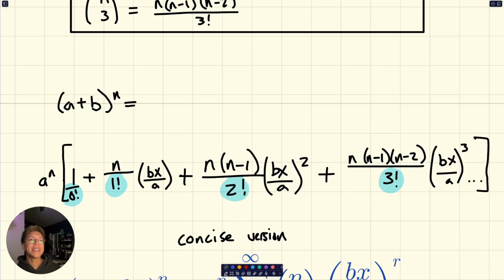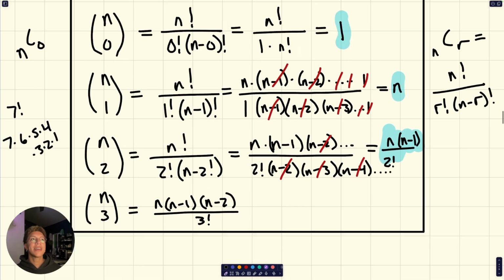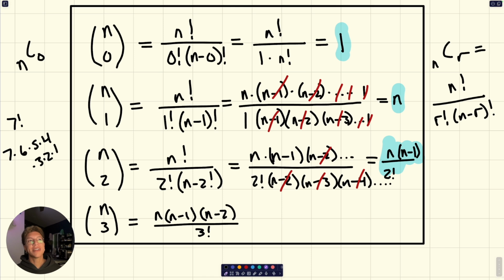One thing you might have asked when we were going through this process is, well, sure, n choose 0 works here, and n choose 1 works here, but how do we know that this works for fractional numbers?